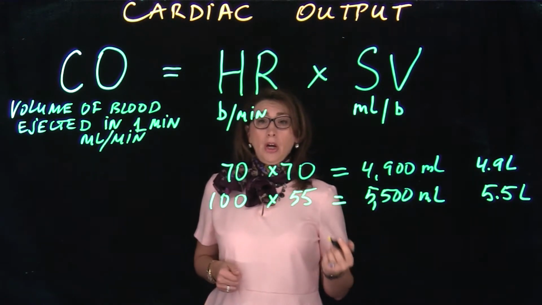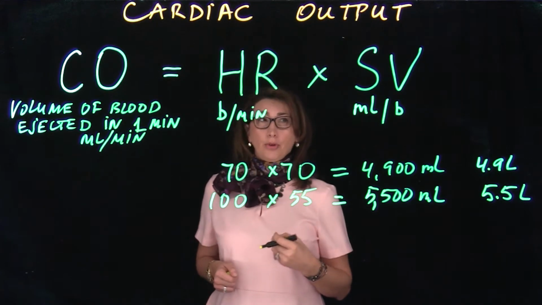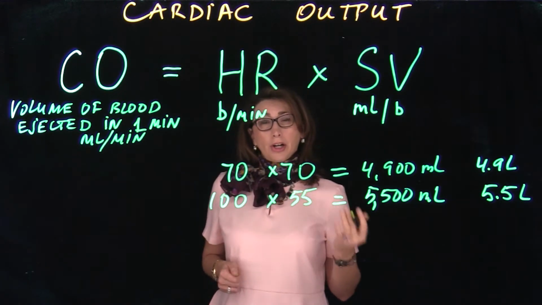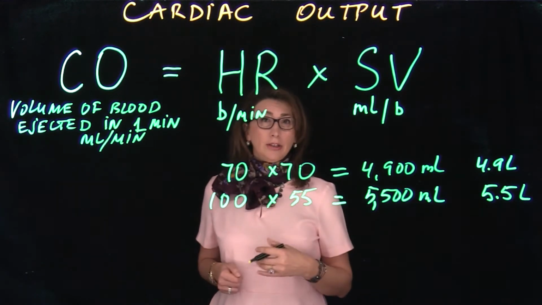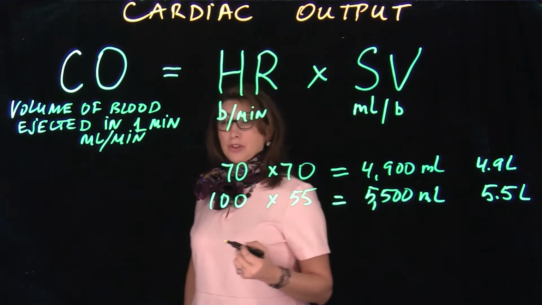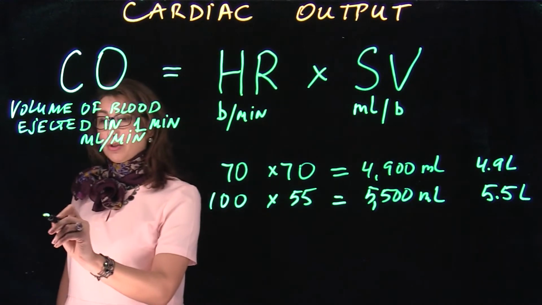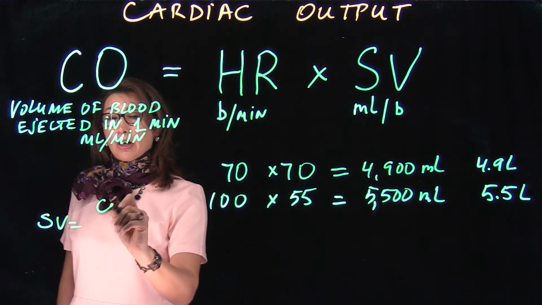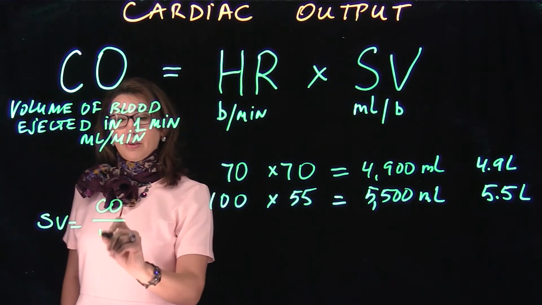And the question is, what if we have a value for cardiac output and heart rate? Would we be able to calculate stroke volume? And based on this equation, we would be able to, because stroke volume would equal cardiac output divided by heart rate.